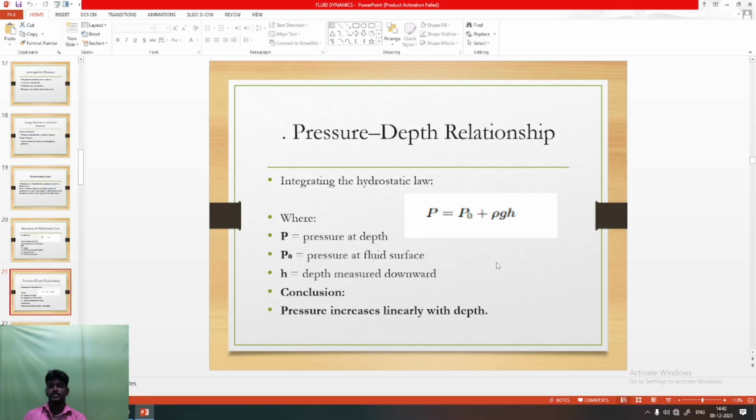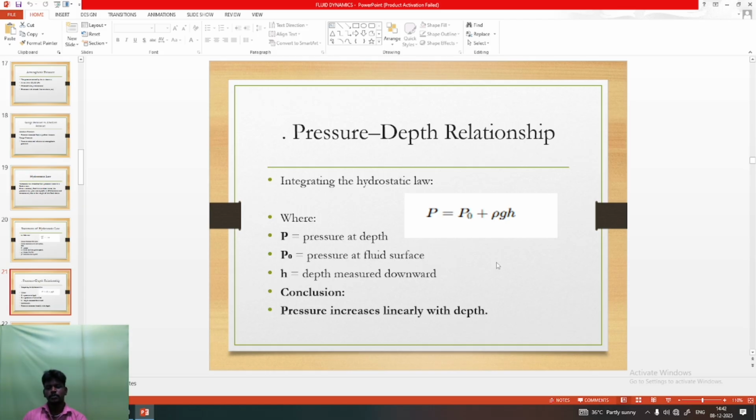Then next, the pressure-depth relationship. What is the pressure-depth relationship? The pressure at depth equals the pressure at the fluid surface plus ρgh, the product of the density of the fluid, gravity, and the depth measured downward.